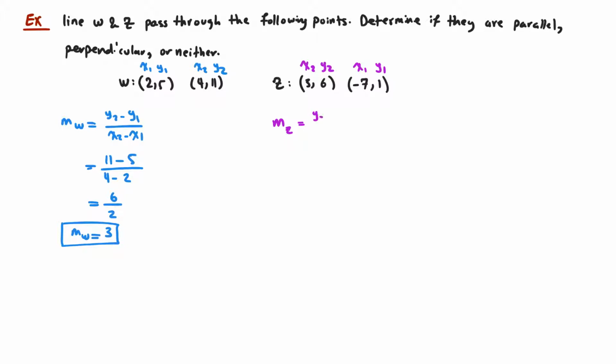So y2 minus y1 over x2 minus x1. Here y2 is 6, y1 is 1, x2 is 3, x1 is negative 7. We get 6 minus 1, which is 5, and we get 3, negative and negative make it positive, and this becomes 5 over 10, or simplifies to 1 over 2.